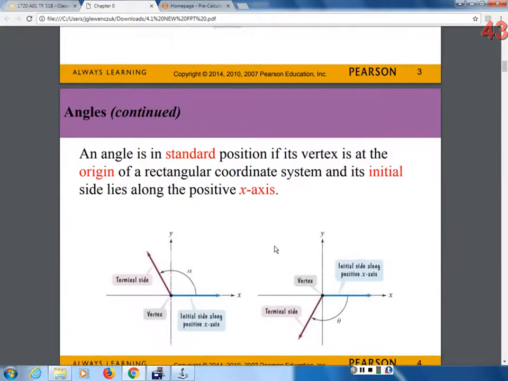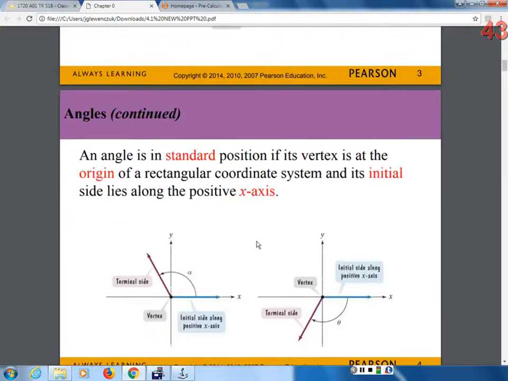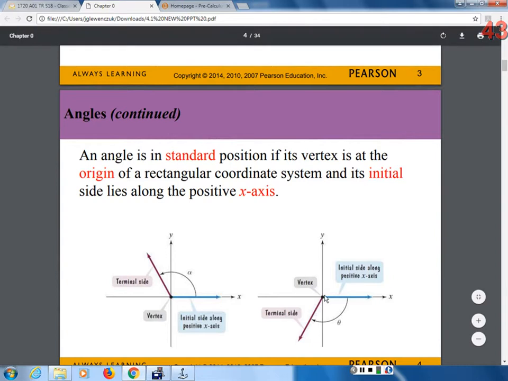Okay? And then it's very important that you understand what standard position is. An angle is in standard position when its initial side lies along the positive x-axis. So here's an angle that's in standard position, theta.